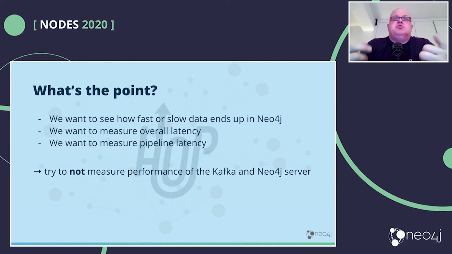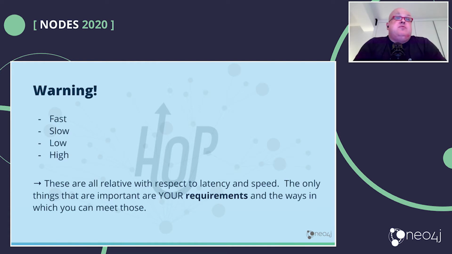We're trying to not measure the throughput of the Kafka and Neo4j server, just latency for now. As a first warning, fast, slow, low, or high are all relative things. In fact, in today's setup, I went out of my way to make things as slow as possible, to make it kind of interesting, obviously.